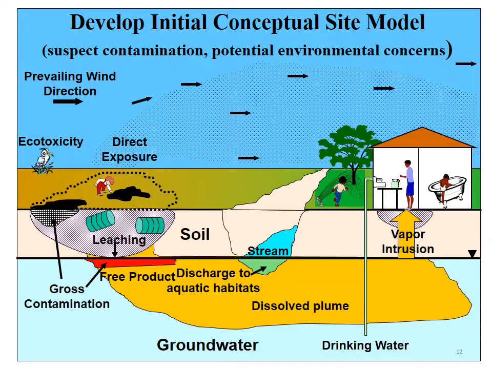A number of those hazards are identified here: direct exposure, vapor intrusion, drinking water toxicity, gross contamination, leaching, etc. You'll be generally familiar with these environmental hazards, and the conceptual site model brings those hazards together as an initial step to conceptualize the environmental issues on the site, sometimes referred to as exposure pathways analysis because it includes contaminant migration pathways and site-specific receptors that might encounter the environmental hazards that are identified.